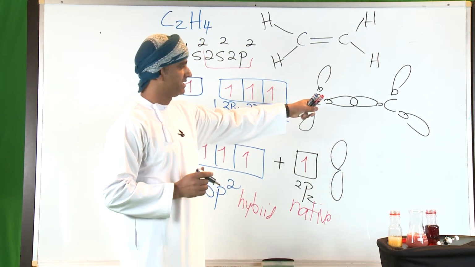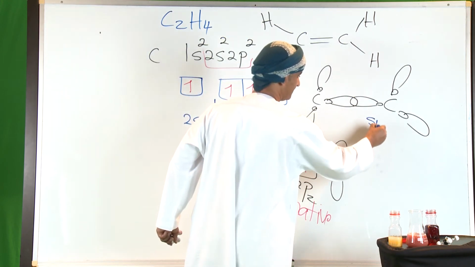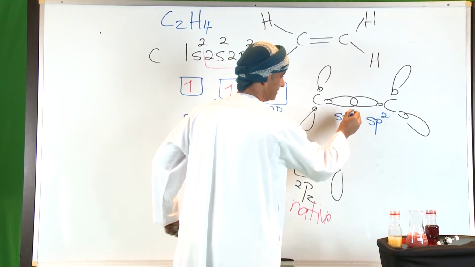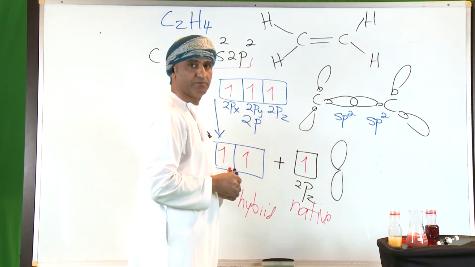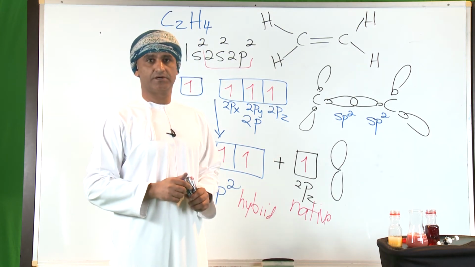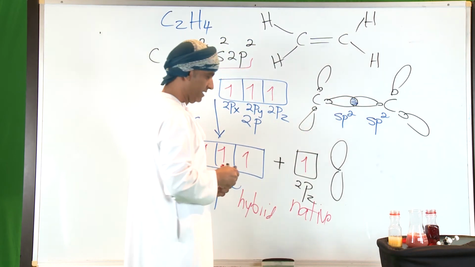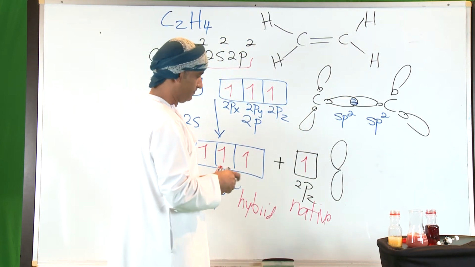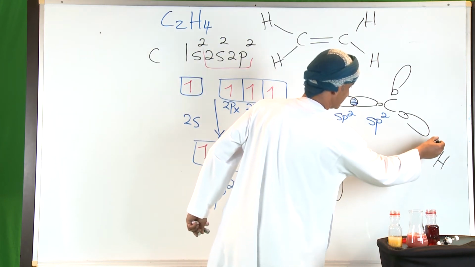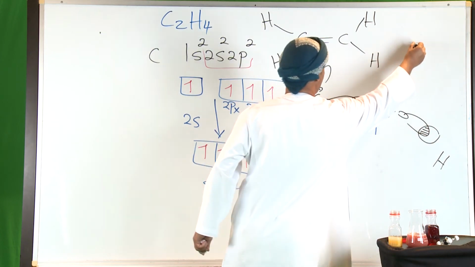Notice that the sp2 hybrid orbital from this carbon overlaps with the sp2 hybrid orbital from the other carbon. This is an end-to-end or head-to-head overlap, which constitutes a sigma bond between these 2 carbon atoms. If we continue with the drawing of orbitals, this is the hydrogen atom, and it is the 1s orbital that is responsible for bonding from the hydrogen atom.